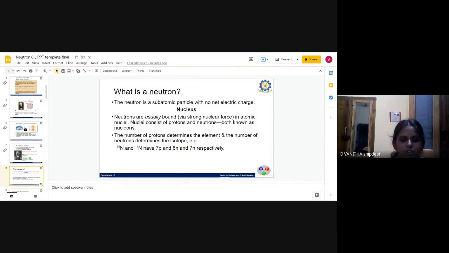The atomic number of nitrogen is 7, so for the first one the number of neutrons is 8, and for the second one the number of neutrons is 7. So the number of neutrons varies, and these are isotopes of nitrogen.